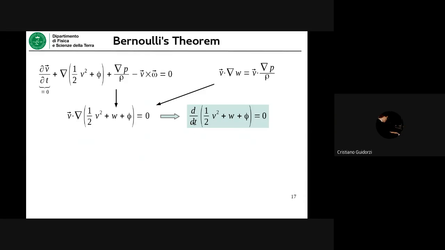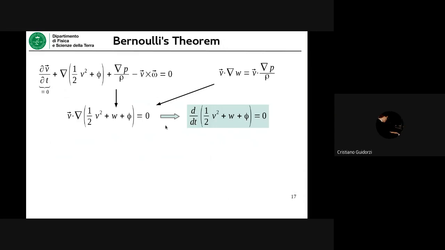So it means that the total time derivative of what lies within brackets is constant, so it is conserved along the trajectory of the generic fluid. So if you follow a generic fluid element along its trajectory, you will see that the scalar is conserved.